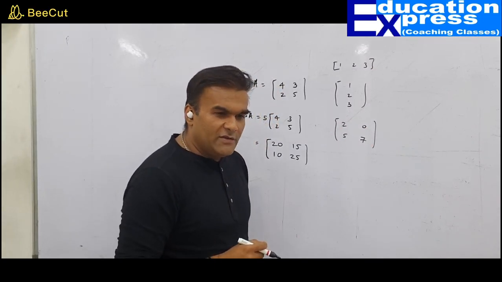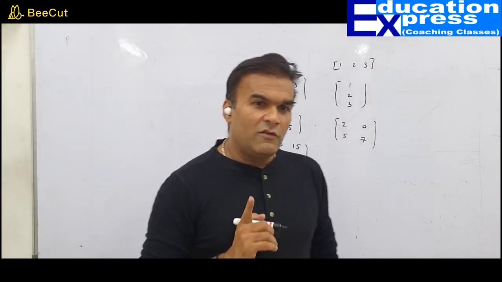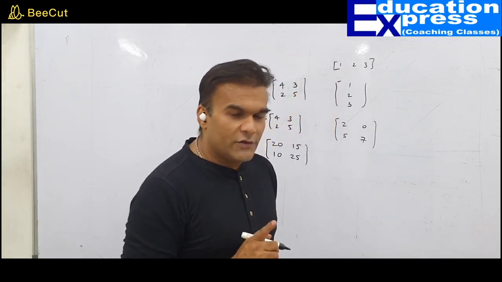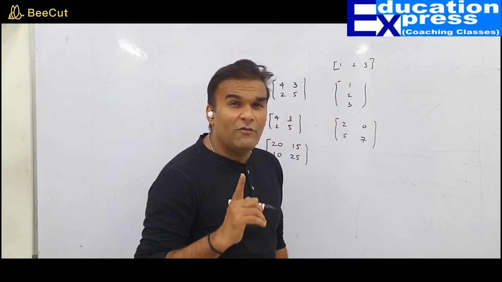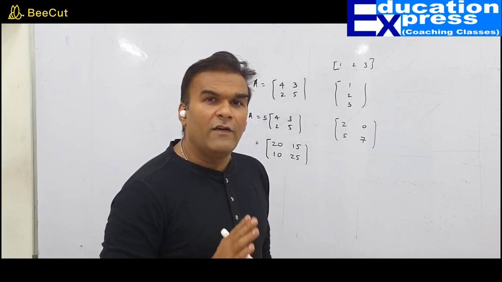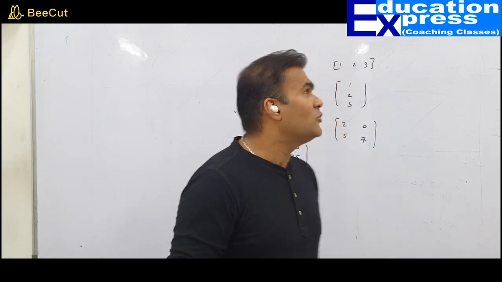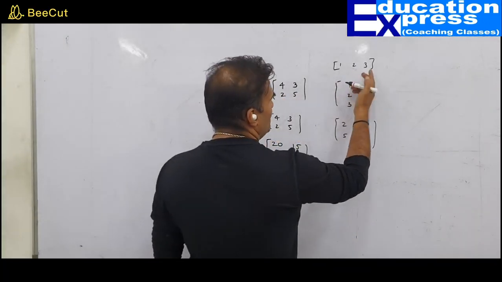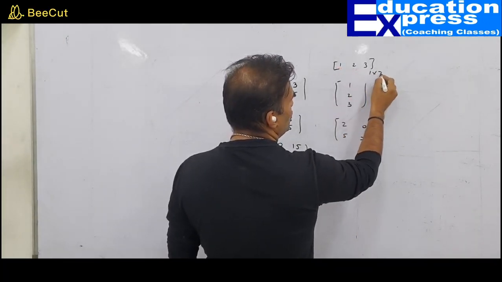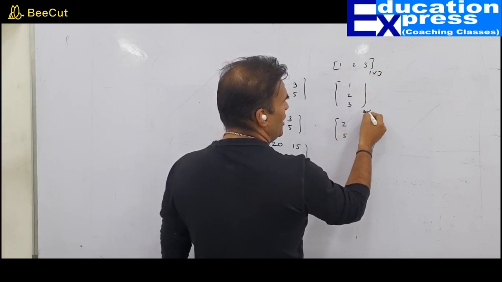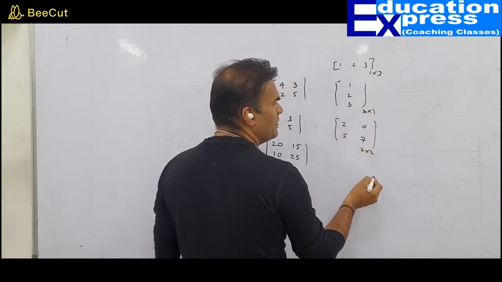Remember, my dear friends, the definition of a matrix is directly attributed to its order. Order is very, very important. You can't define a matrix without its order, and order is always row into column. If you see the order of this matrix, there is one single row, so 1 into 3; one single column and 3 rows, so 3 into 1; 2 rows, 2 columns.